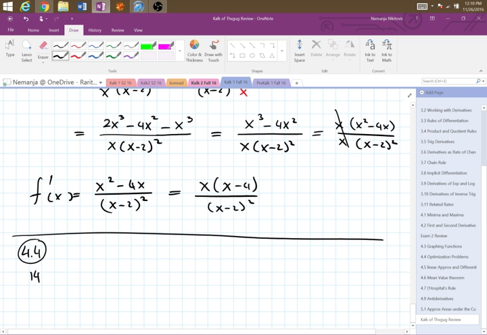A rectangular pen is built with one side against the barn, which does not require fence. If 700 meters of fencing are used for the other three sides of the pen, what dimensions maximize the area of the pen?